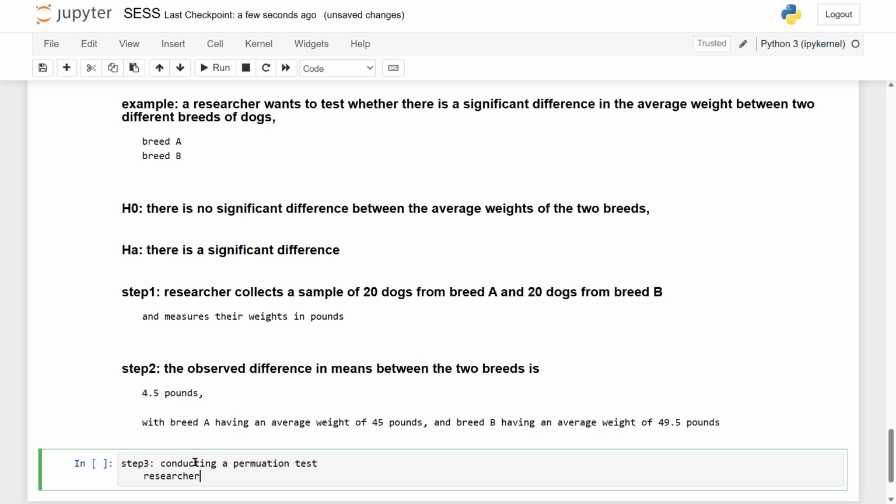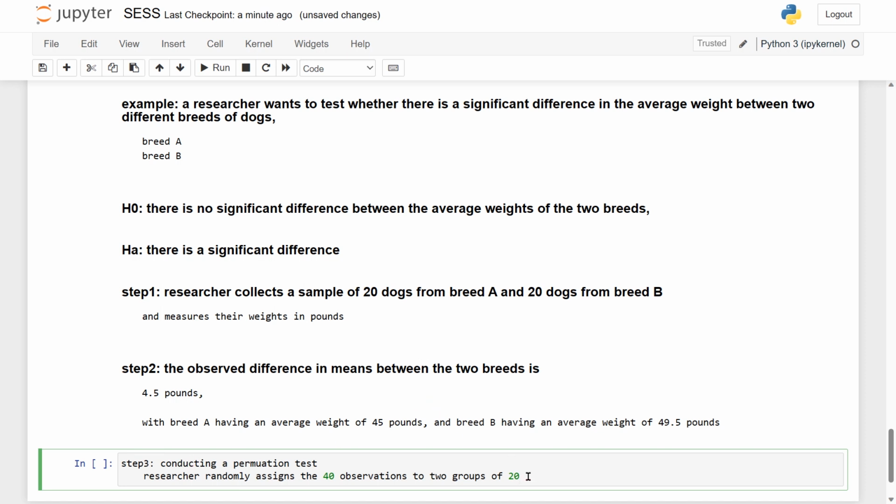The researcher randomly assigns the 40 observations to two groups of 20, because both are the same size. That's the reason for two groups of 20.